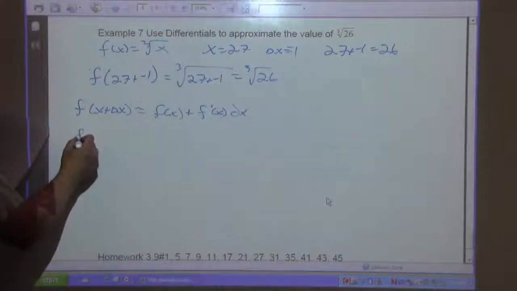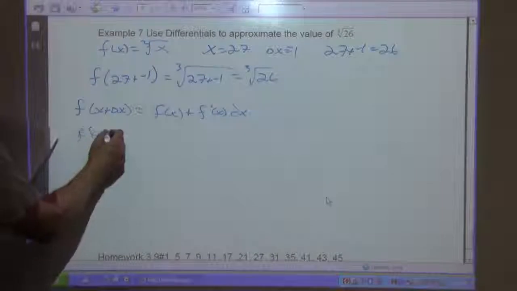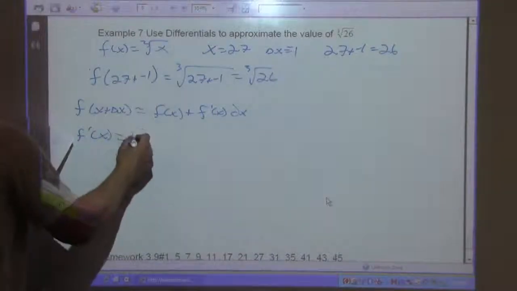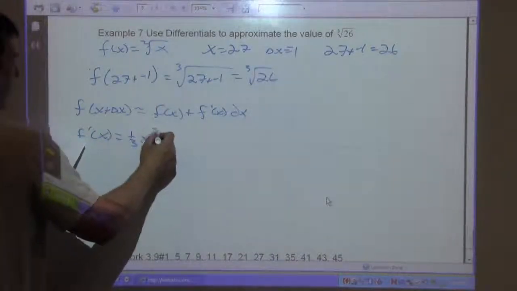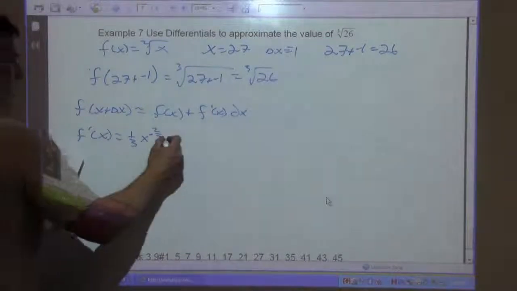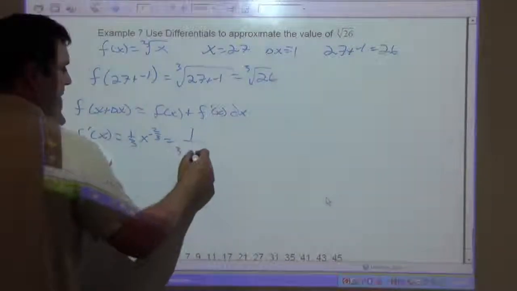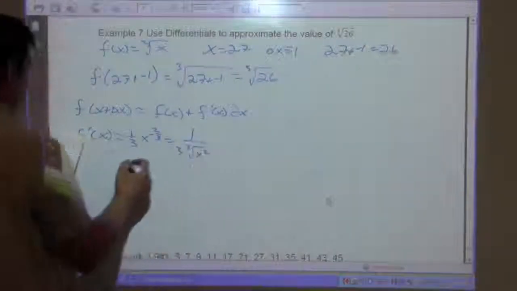So our f prime of x is going to be what? One third x to the negative 2/3. It's going to be 1 over 3 times the cube root of x squared.